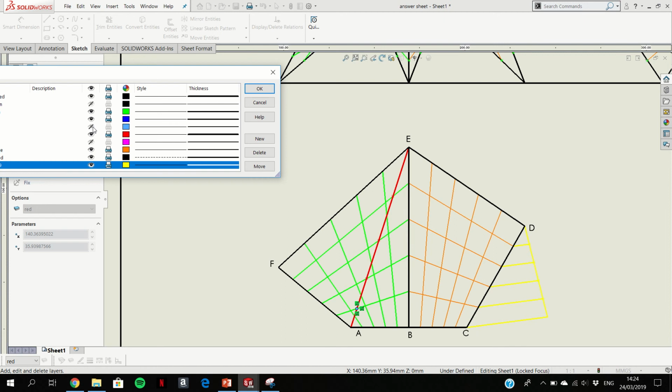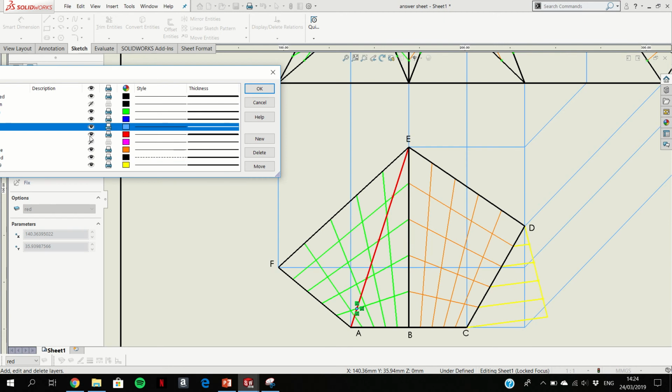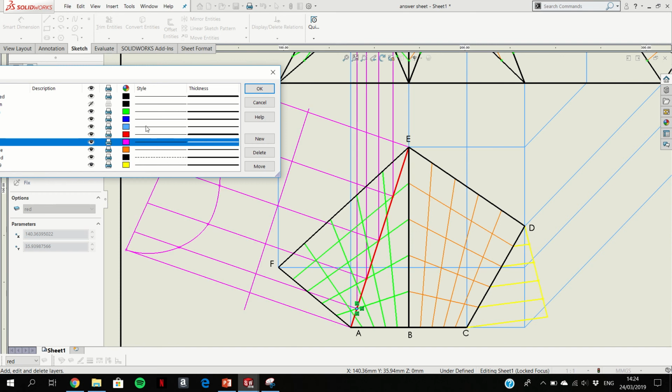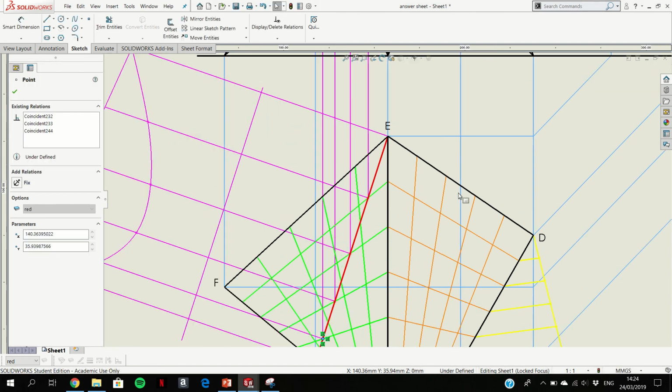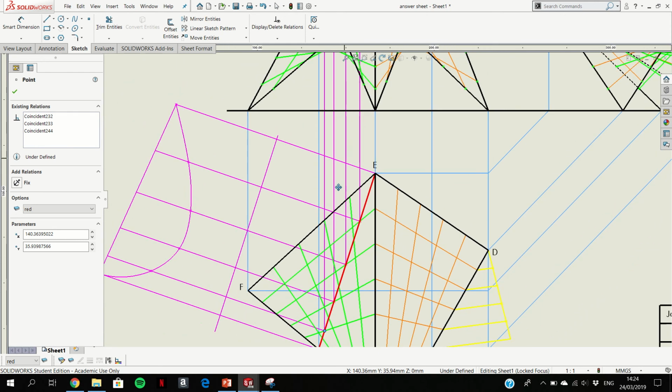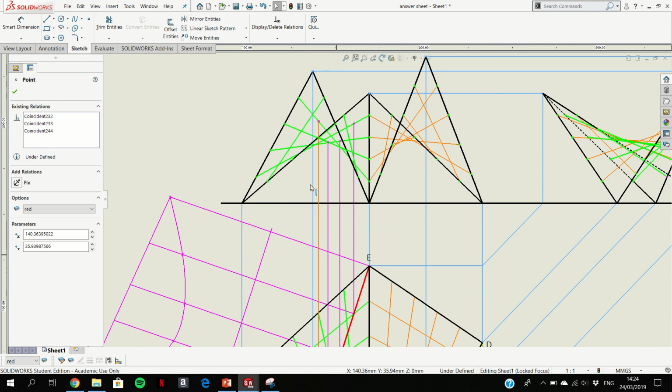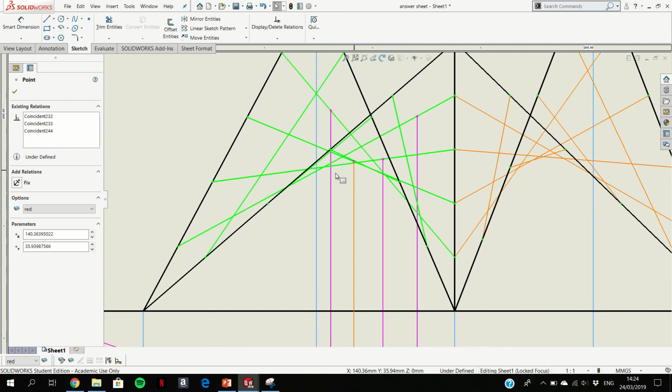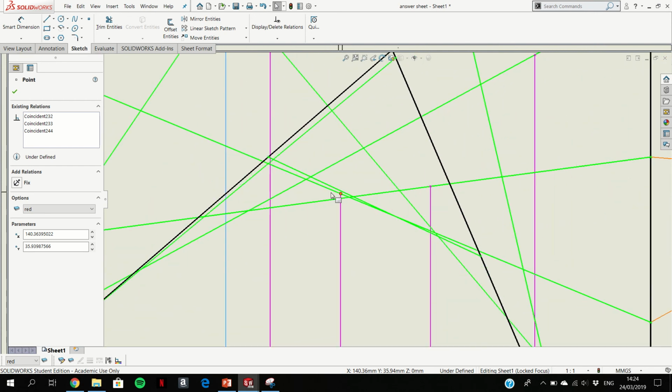The pink layers. Okay, so we'll take this point as an example. We're going to go straight up to where this line is in elevation, and that'll give us our height.